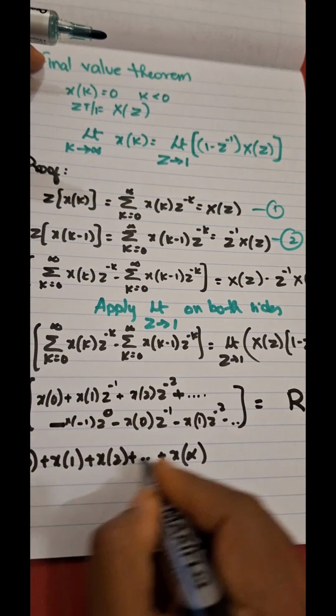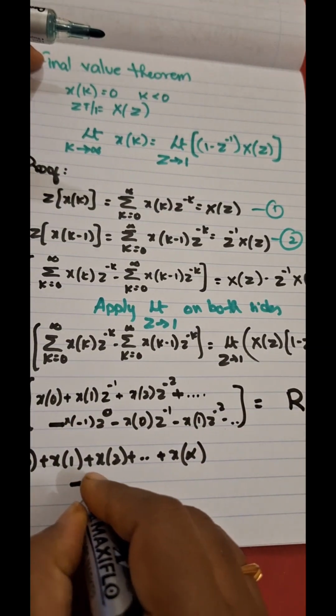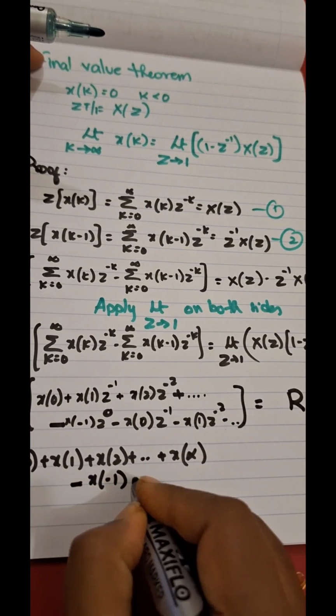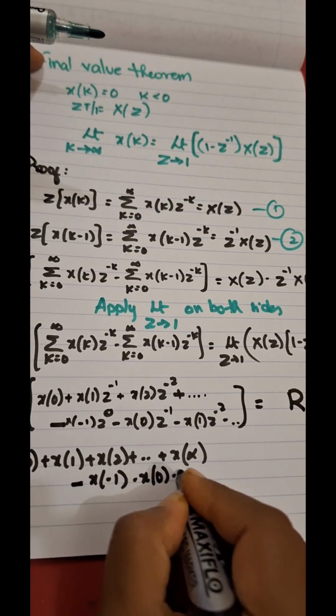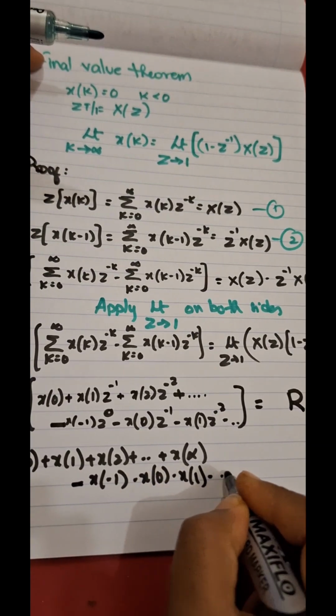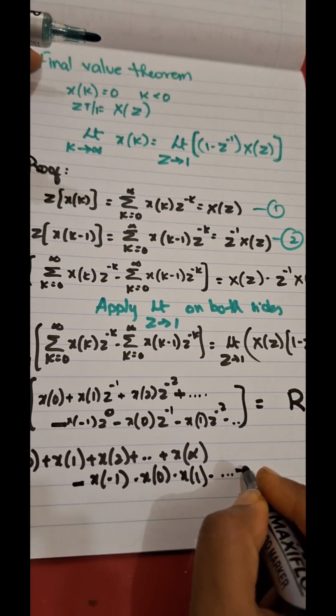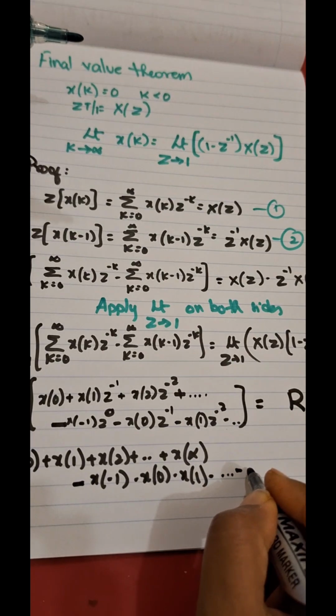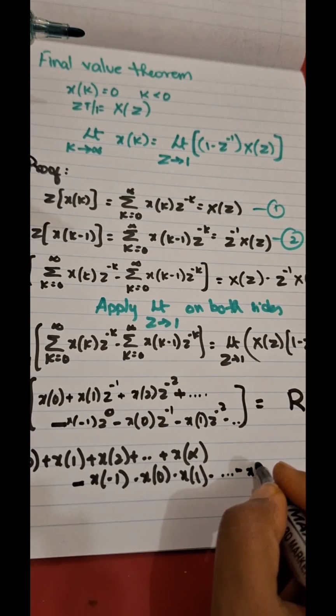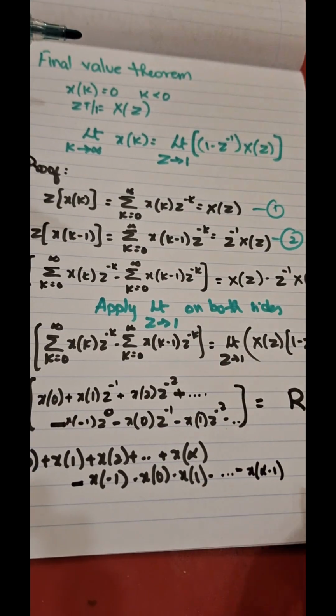Then here, minus x(-1), minus x(0), minus x(1), minus so on, until minus x(infinity minus 1).